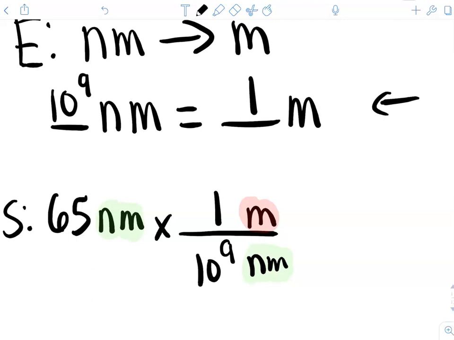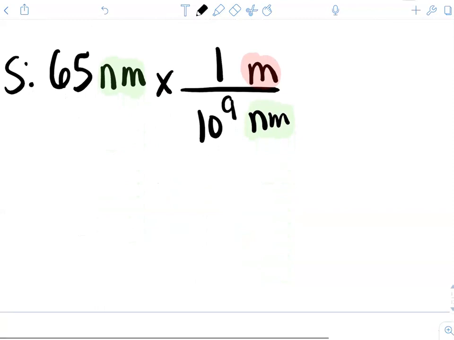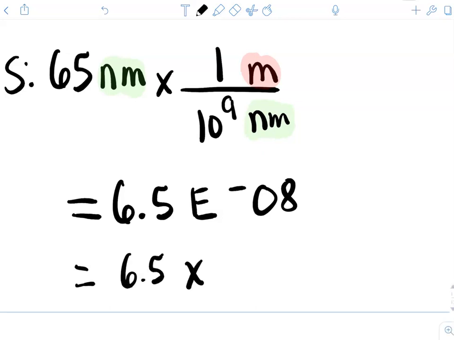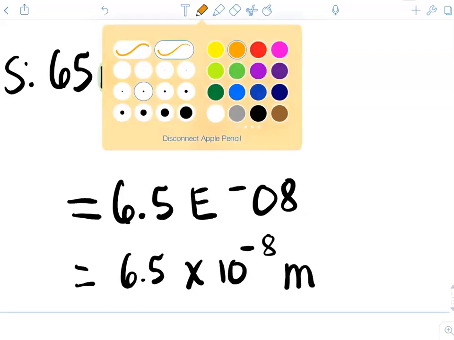And whenever you go through and you do that, your calculator is going to give you 6.5 E to the negative 8. I don't want to see it that way. I want to see it as 6.5 times 10 raised to the negative 8th. And then remember, I have to have my unit included as well.